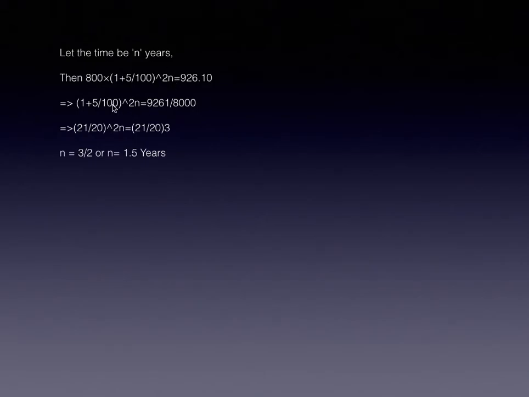With compound interest, the final amount is equal to principal into 1 plus r by 100 whole raised to n, when it is compounded annually. But here it is compounded semi-annually.